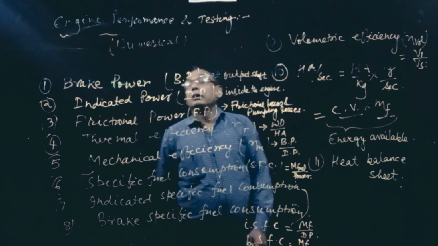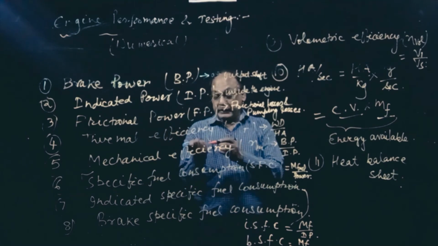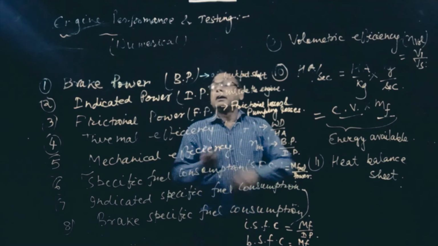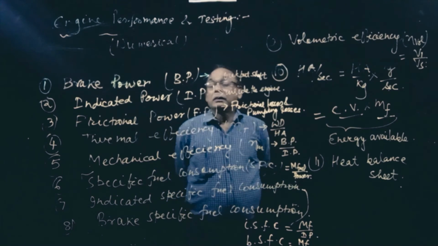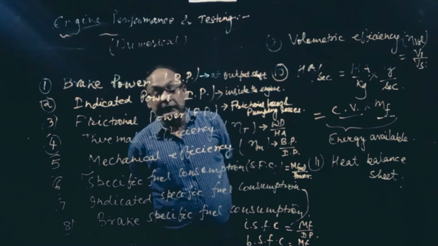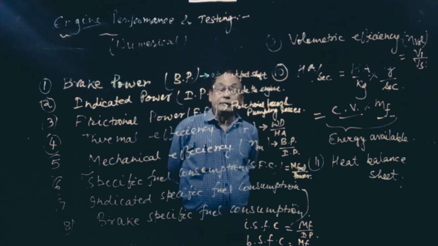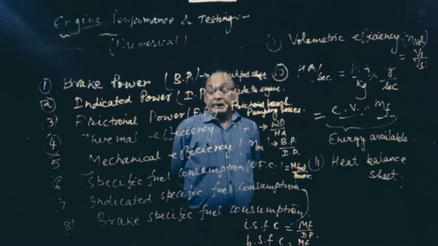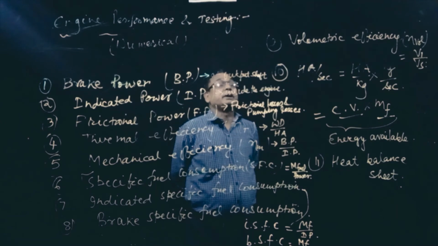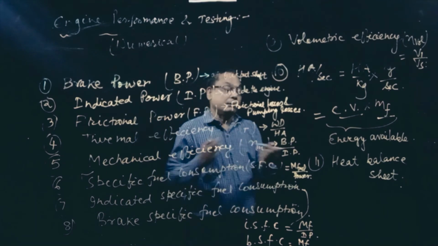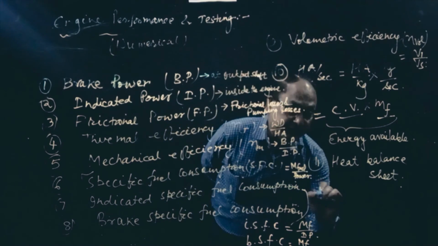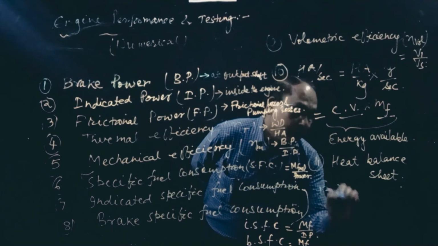Okay, so let us sum up what we have to study in this chapter. Brake power, indicated power, frictional power, thermal efficiency, mechanical efficiency, specific fuel consumption, indicated specific fuel consumption, brake specific fuel consumption, then volumetric efficiency, and one more point is there, that is relative efficiency also.